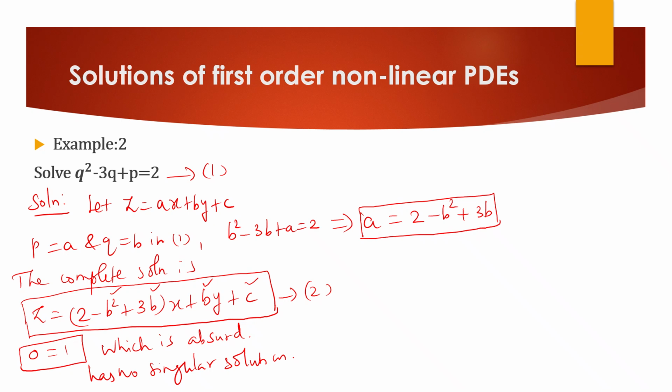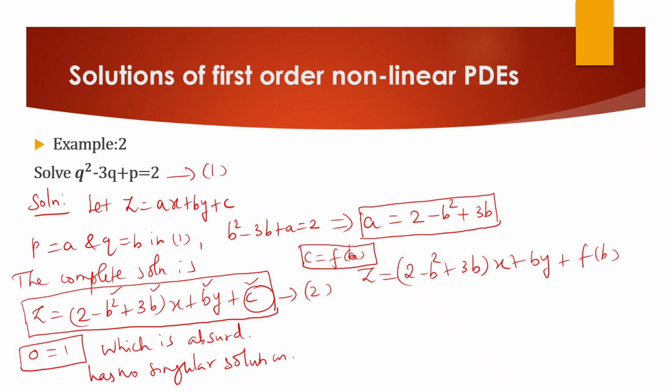So how to find the general solution? For that we have to take one constant as a function of the other. So we take c as a function of b, because here the other constant is b. So we get z = (2 - b² + 3b)x + by + f(b).